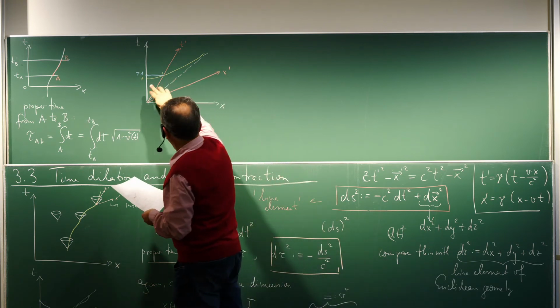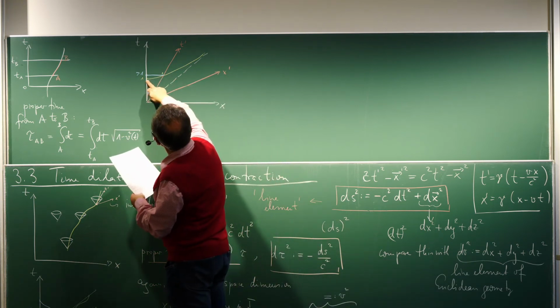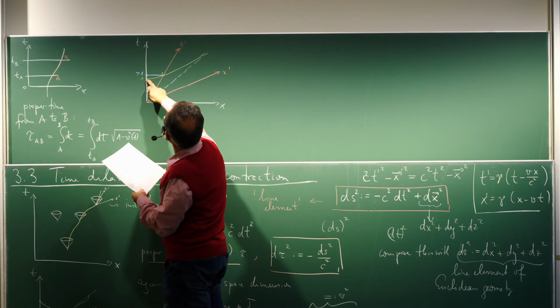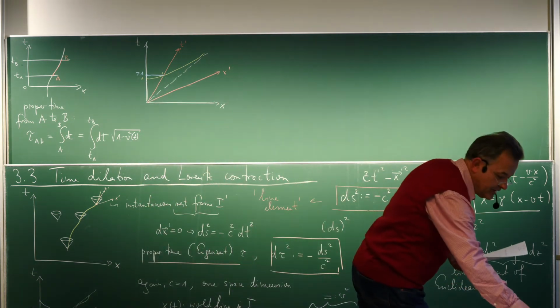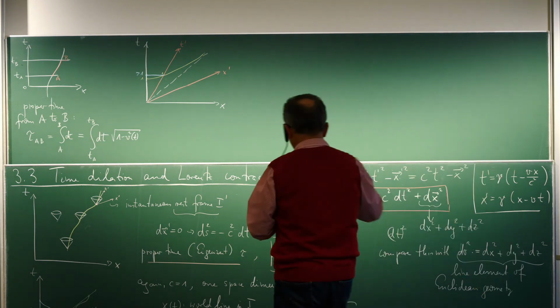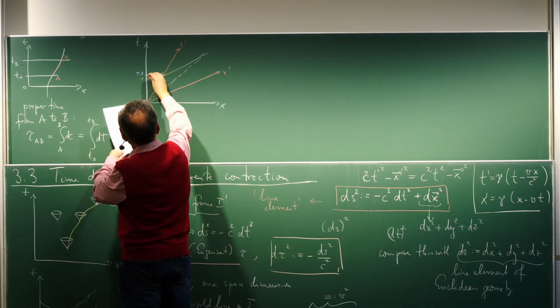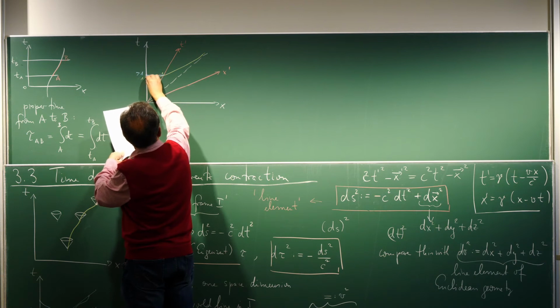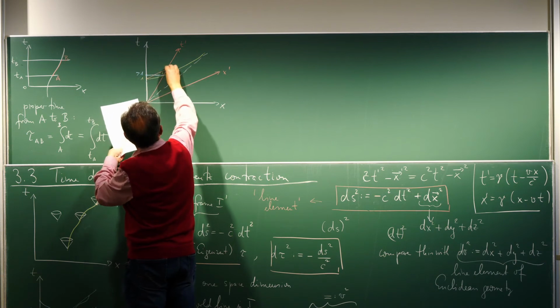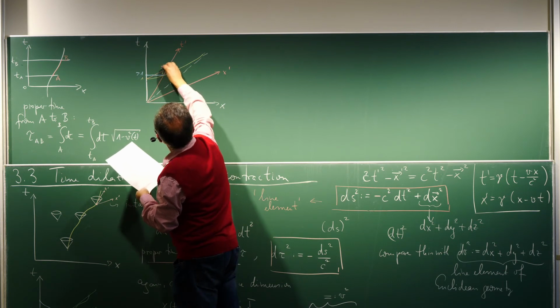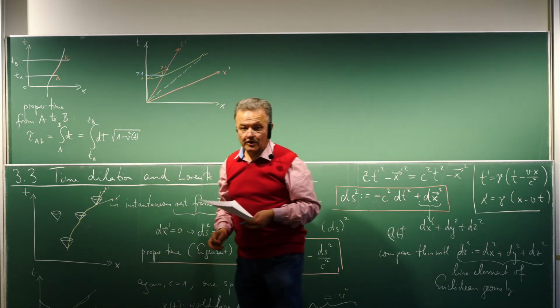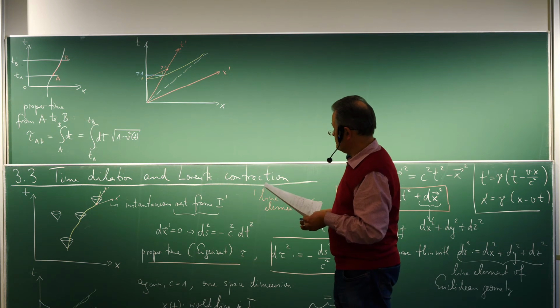And now what is time 1 in the inertial system I, what would that correspond to in I prime? Well, we have to draw the parallel to this x prime axis, so we would have roughly this here. So you see this would correspond also to a time bigger than 1 in I prime.